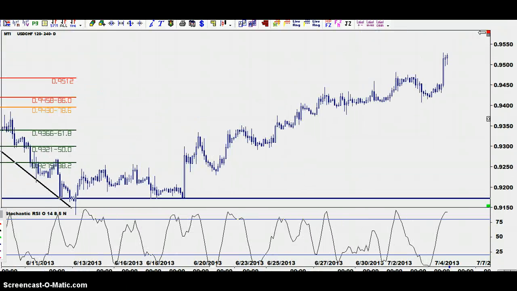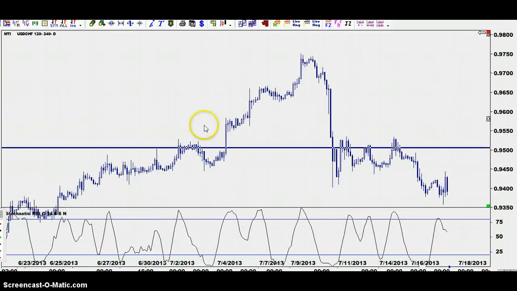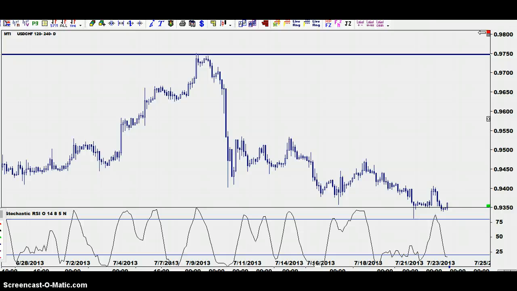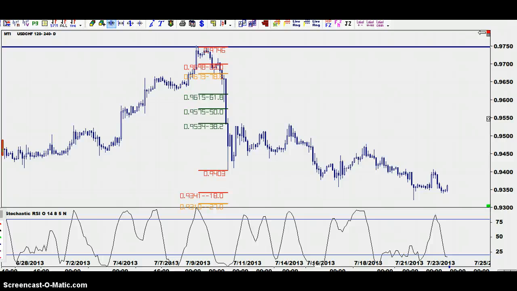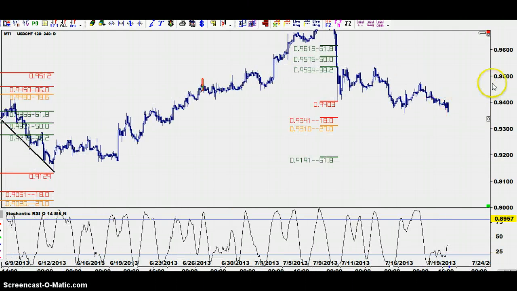All right. Our A will be taken out, will it? Let's just double check. Yes, it has done. All right. So we're looking for our next down move. All right. There's our next down move. A to B. Let's make this a bit smaller.